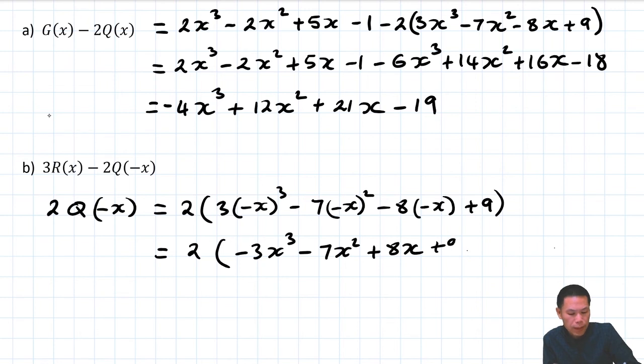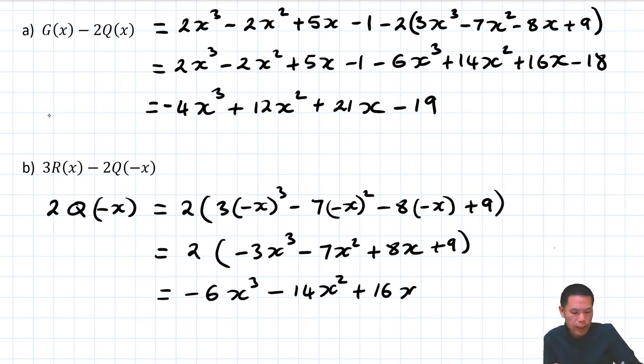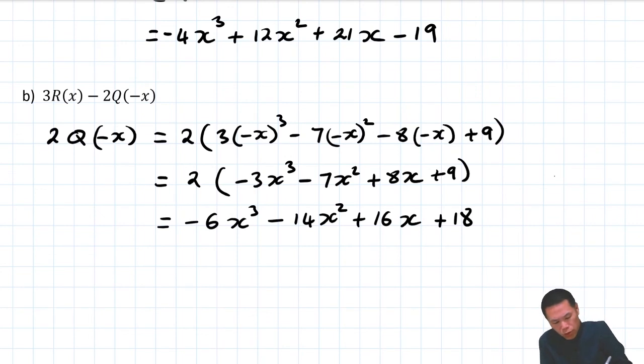And then plus 9. And then I just remove the bracket, so which equals negative 6x to the power 3 minus 14x squared. And then 2 times 8 is 16, so add 16x. And then 2 times 9 is 18, so we add 18. Now we just work this out.